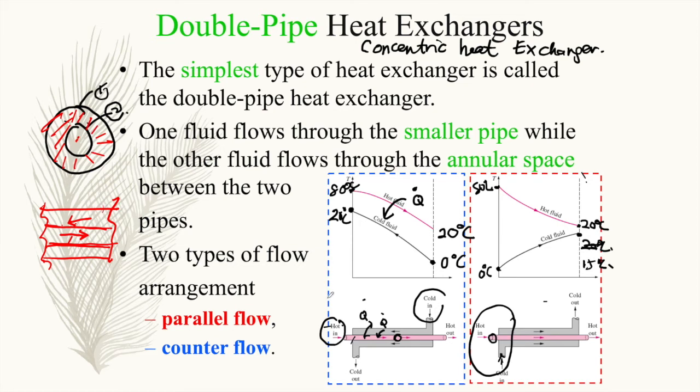And it is the same with parallel flow. For parallel flow, you have the hot fluid and cold fluid flowing in the same direction. That is the two arrangements for the double pipe heat exchanger, or concentric heat exchanger.